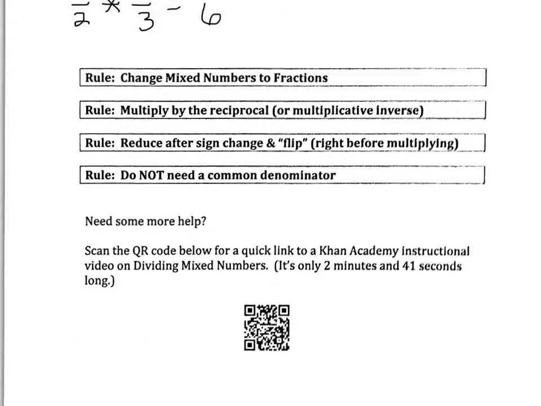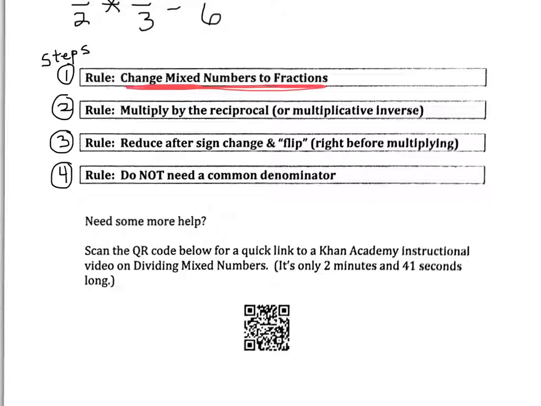Okay, so here are the rules, and really you could think of these rules as the steps you need to follow. Here's step 1, step 2, step 3, and step 4. The first thing we have to do is change any mixed numbers to fractions. We've been doing that this entire unit, so you're going to keep doing that.